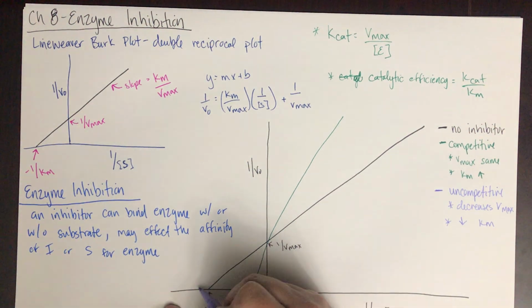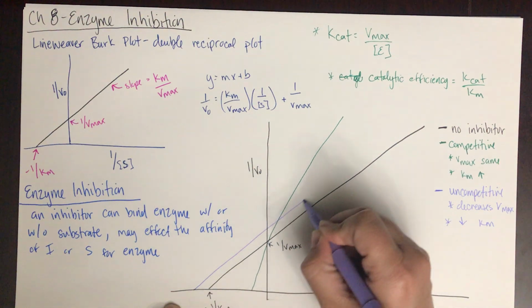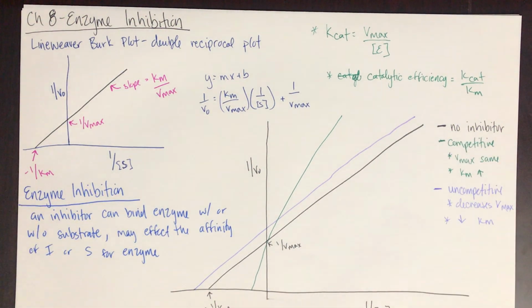So it's going to look like this. It's going to be parallel to that one. A decreased Vmax and a decreased Km. And there are lots of examples of these in the slides. Okay, so that's an uncompetitive inhibitor. An uncompetitive inhibitor does not compete for an active site, but it affects the catalytic event. So they are parallel lines, and it decreases the rate of the reaction.